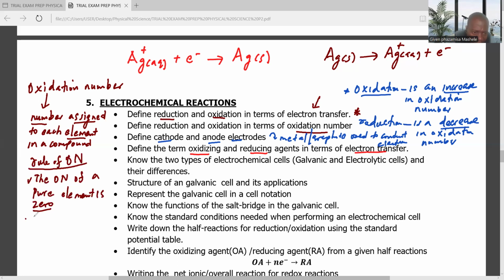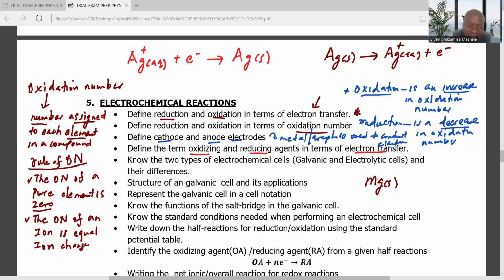And the oxidation number of an ion is equal to the ion charge. So what does this mean? If I say we have magnesium, magnesium is just an element, it's a solid.